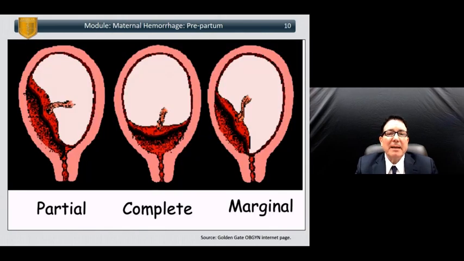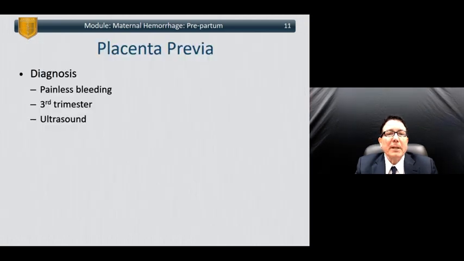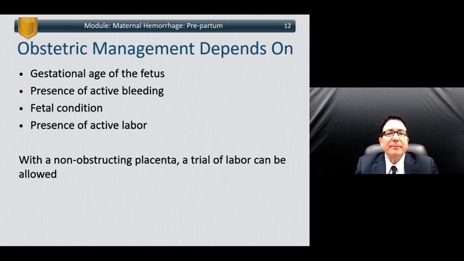These are just schematic representations of partial, complete, and marginal to the right. Diagnosis can be made clinically and with ultrasound, painless bleeding in the third trimester. And again, the ultrasound is the best way to find the placenta.